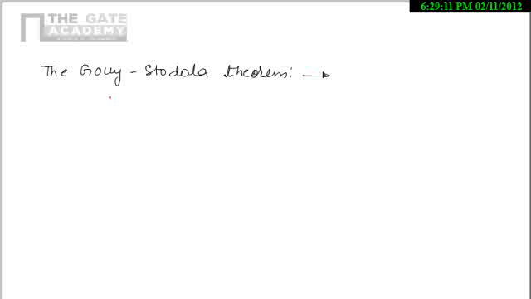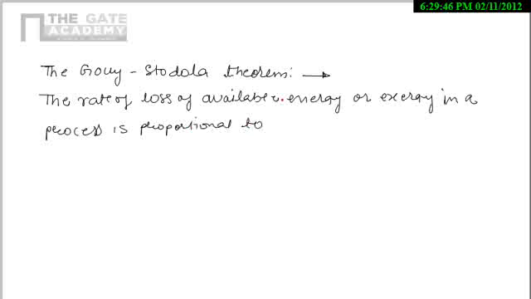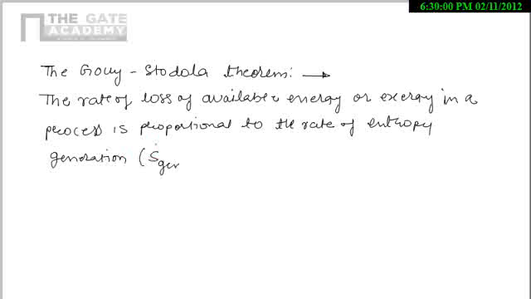According to this theorem, the rate of loss of available energy, or exergy, in a process is proportional to the rate of entropy generation, denoted by S dot gen.